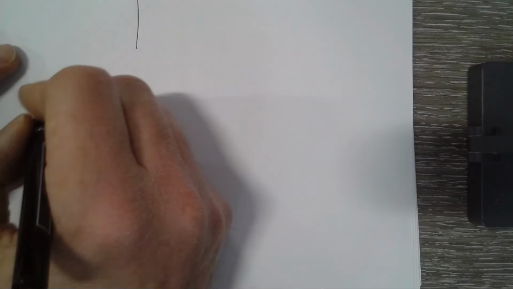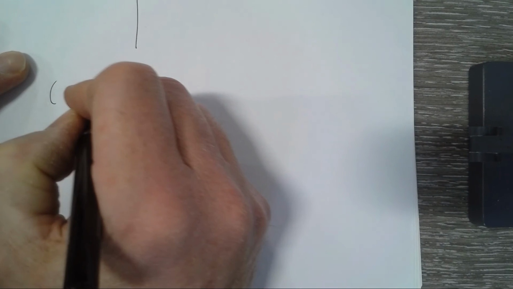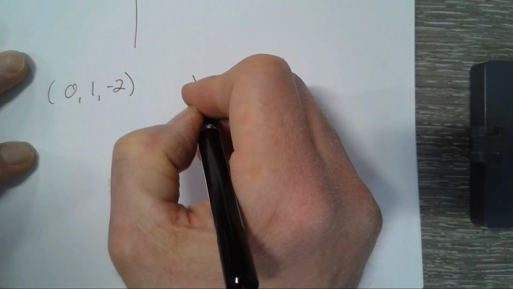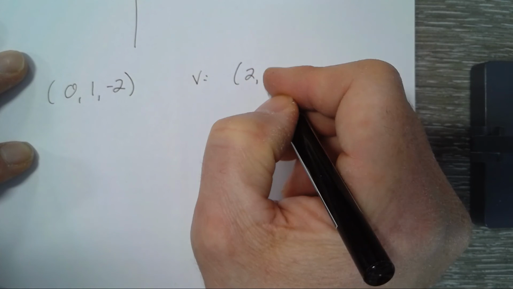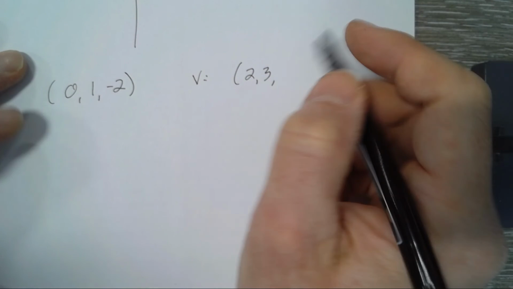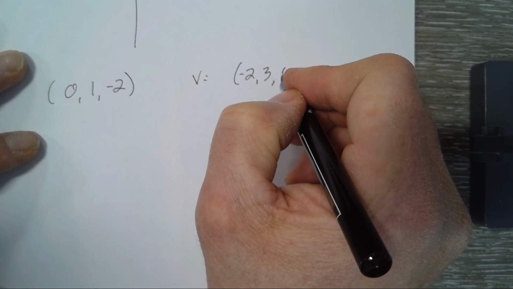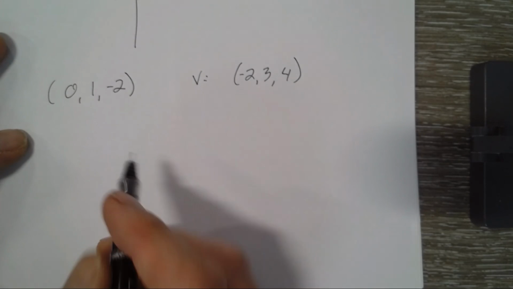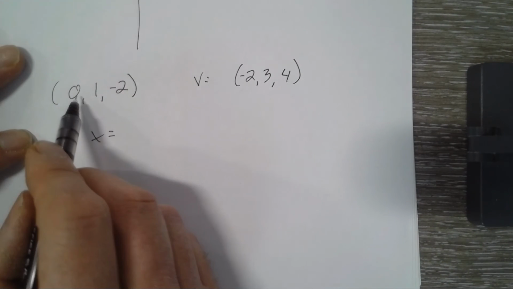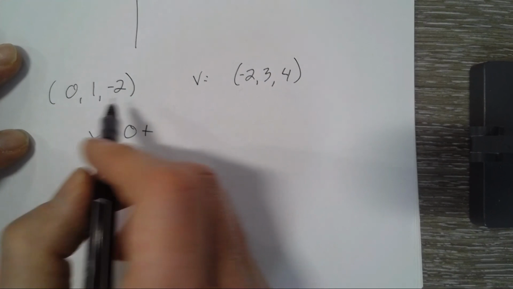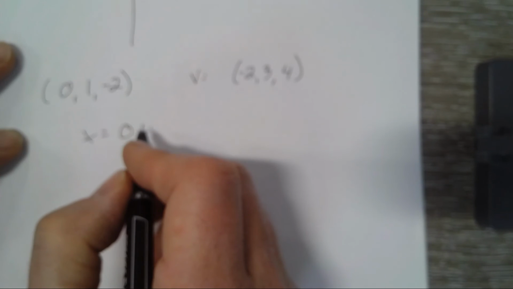So then the same would be true with 3 dimensions. So if I have the ordered pair 0, 1, negative 2, and our vector is, we'll say, negative 2, 3, 4, something like that. Okay, so our parametrics would be 0 plus, should be minus 2t, so plus negative 2t.